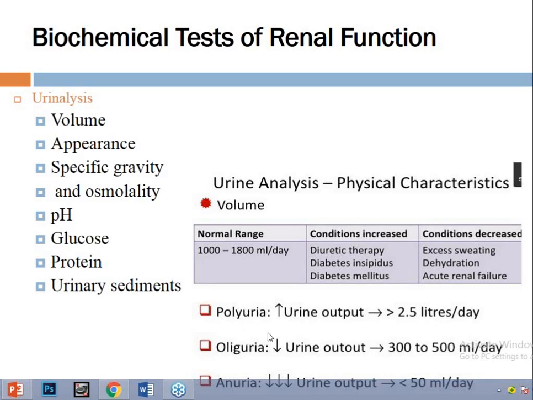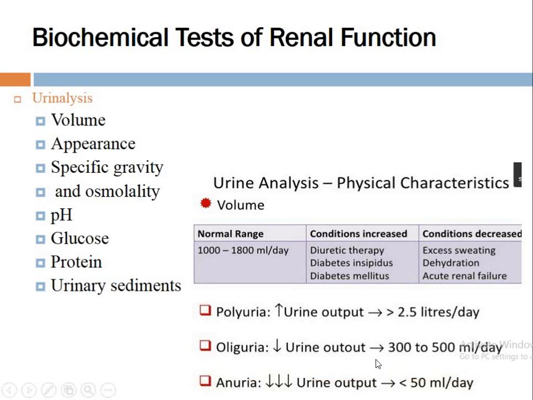There are different terms which are used with regard to the volume. One of these terms is polyuria. There is an increase in the urine output, and we say it is polyuria when the urine volume is more than 2.5 liters per day. Oliguria, urine output decreases; it ranges from 300 to 500 ml per day.